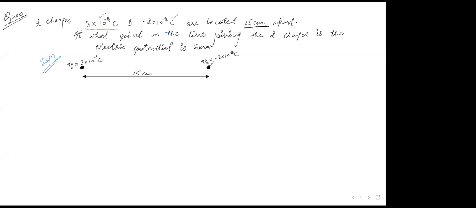Nawal, where your potential may be 0, exactly we are not clear. So I am asking where the possibility of 0 potential is, in between 15 centimeter or beyond 15 centimeter.